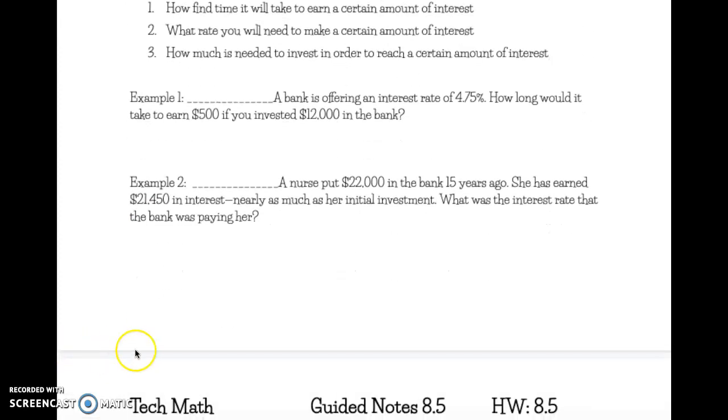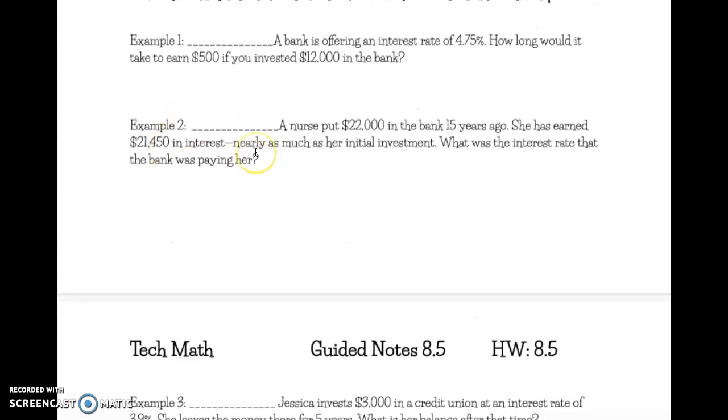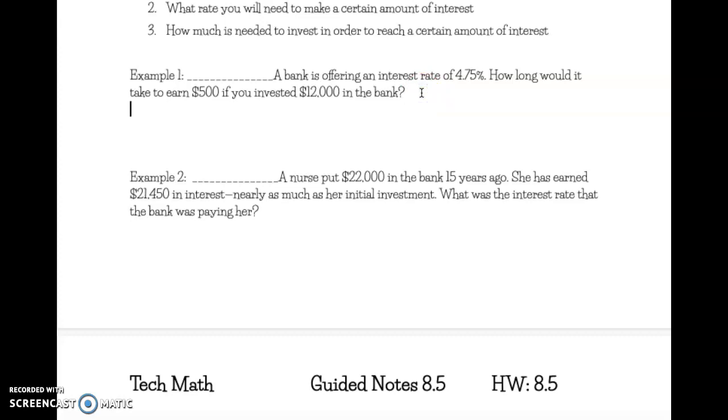So let's look at 3 examples. They're on the page here. Let's look at 3 examples and see what type each one is, and then we will determine how to solve each of them. All right, let's look at example 1. A bank is offering an interest rate of 4.75%. Just like I did with the other one, I just immediately want to start writing things down that I know.